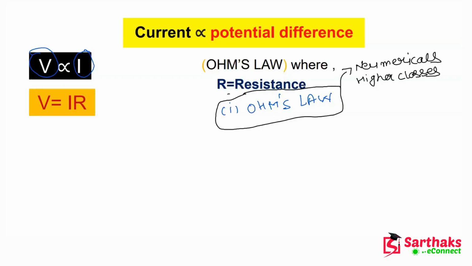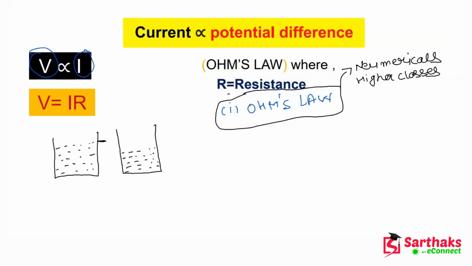Let's understand what voltage is. Suppose this is a jar, and I have filled this jar till this level. And suppose this is another jar of the same size, and this is filled up till this level.